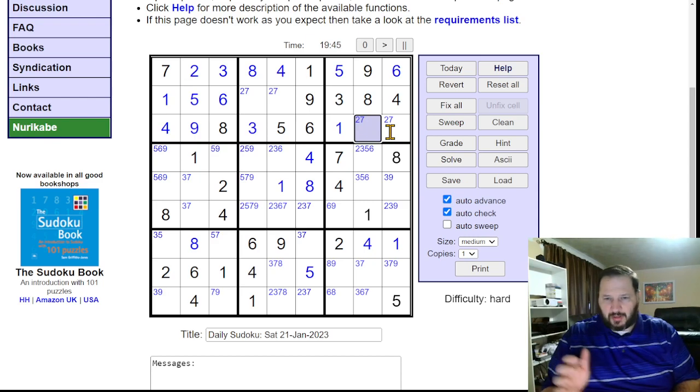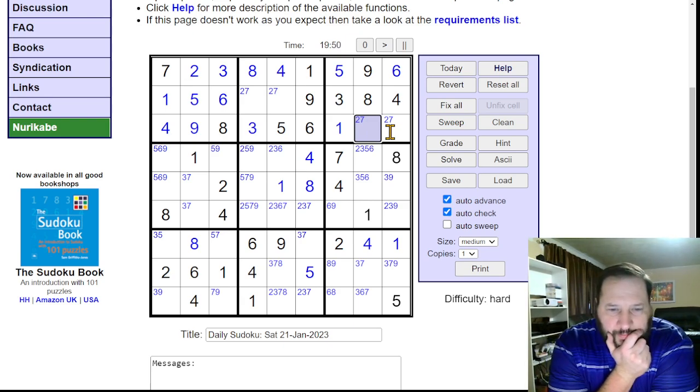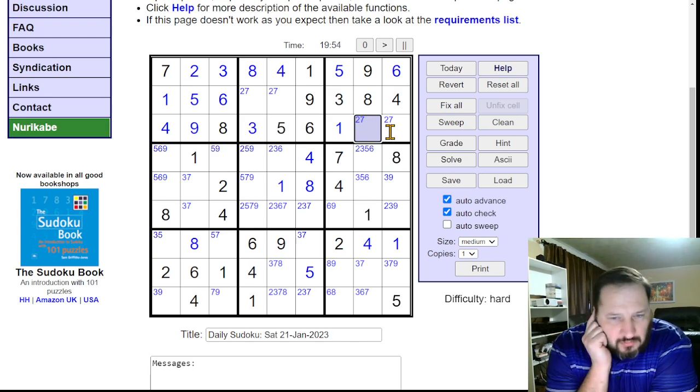I've got too many pencil marks on here because there's something, they should be fairly simple to see, that I'm not seeing here. Let's see what we got. Let's see.